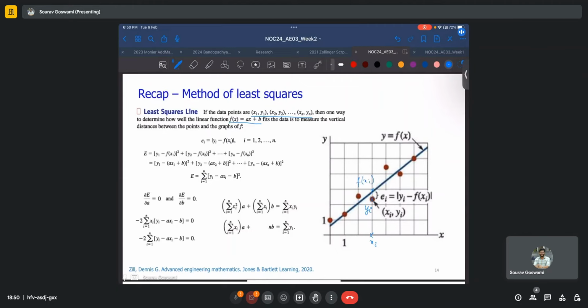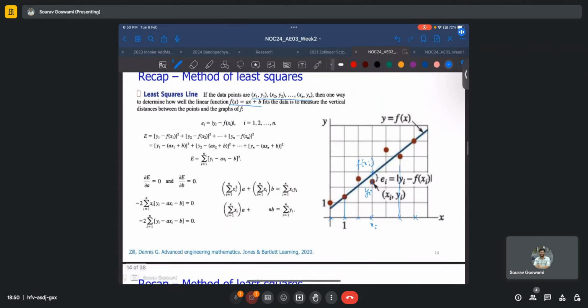The difference between the value of your function and the given data point is the error, and you sum up these errors over all of these discrete points and minimize that sum.